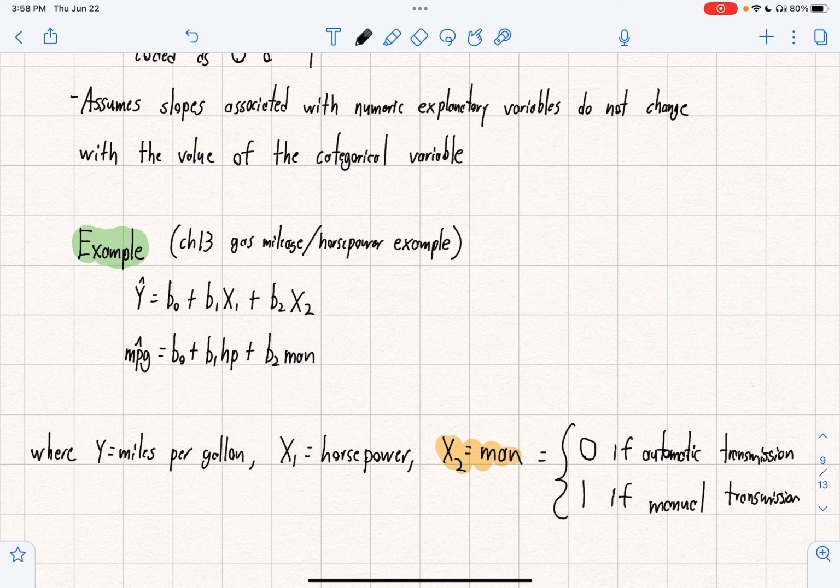So we have two values for transmission. It's either automatic or manual. And I can choose it however I want. I decided to say 0 for automatic and 1 for manual.